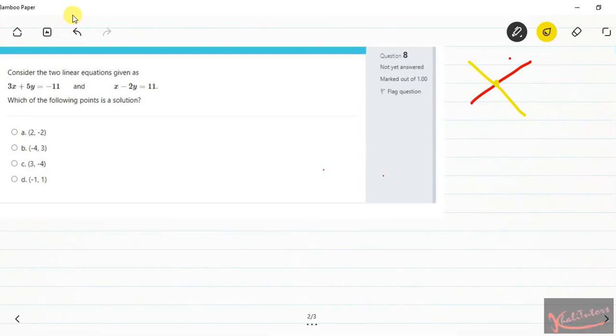So let's say this was our Cartesian coordinate system. This is our Cartesian plane. This is your x-axis and this is your y-axis. This point where the two graphs intersect, that's what we're looking for. x and y.